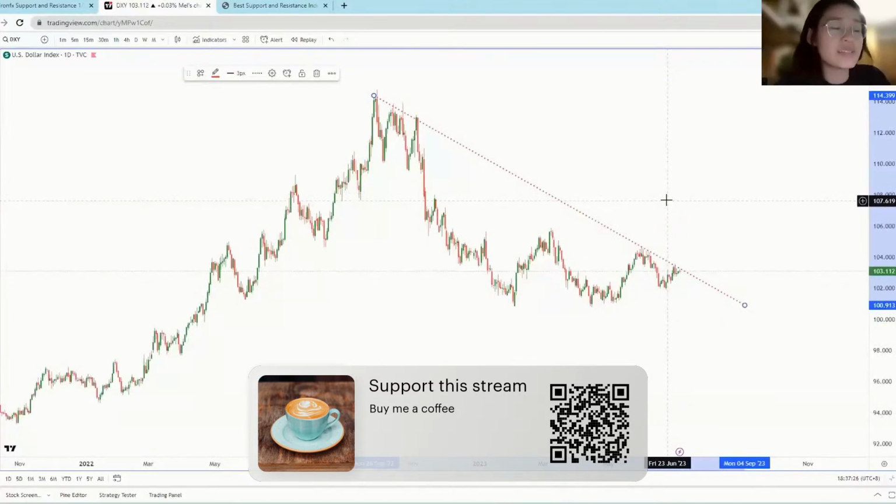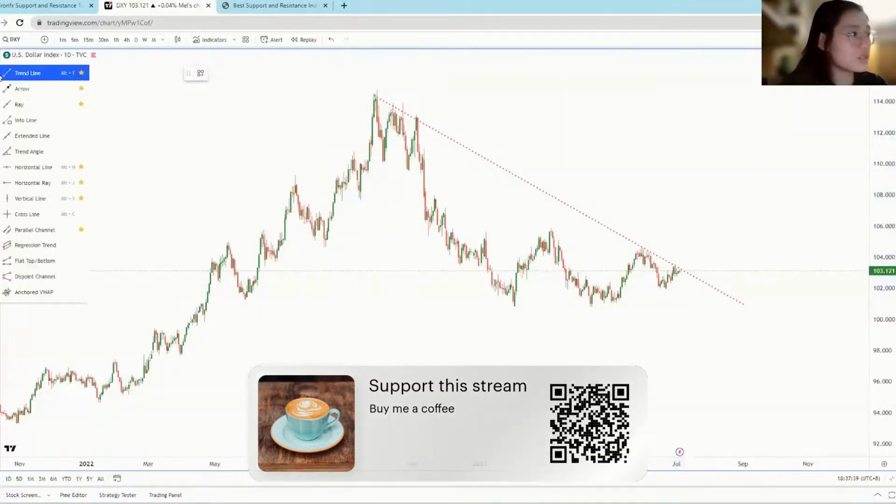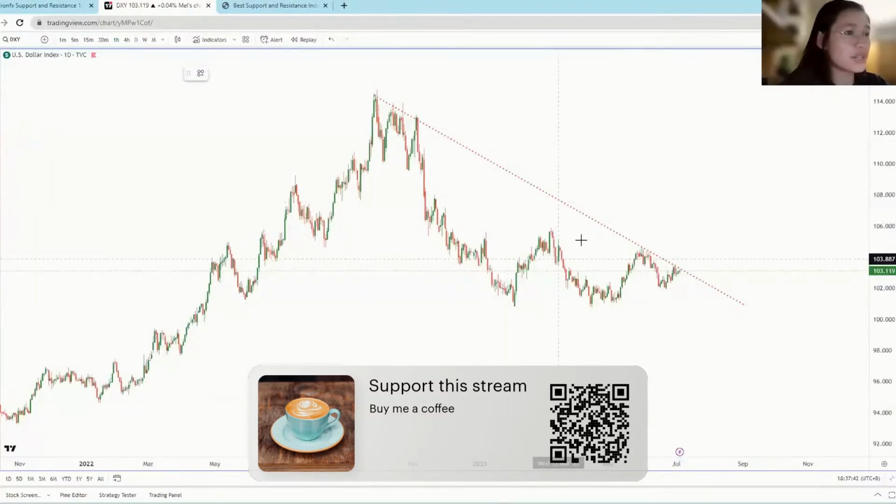We start off by identifying if there are any trend lines or trend channels, and over here I have a descending trend line. Next, I'm going to go in with my support and resistance levels.